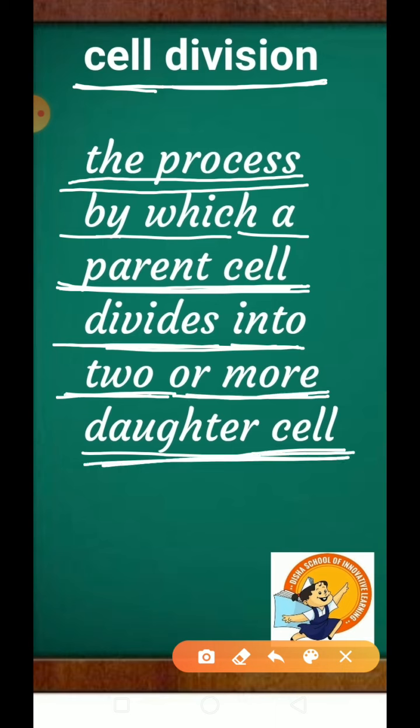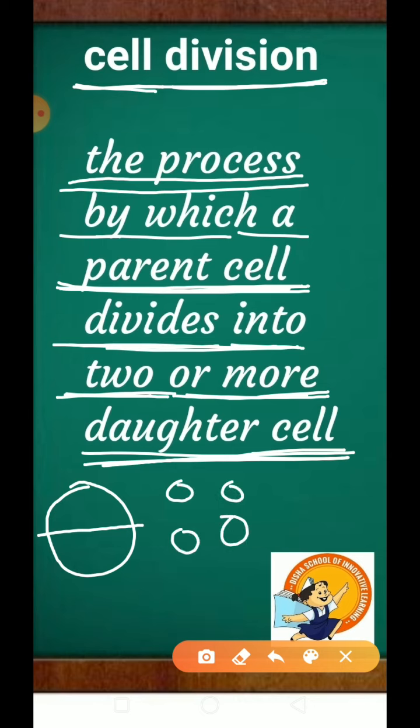This process is called cell division. For example, this is a cell, a parent cell. When this parent cell divides, it will form two or more daughter cells.